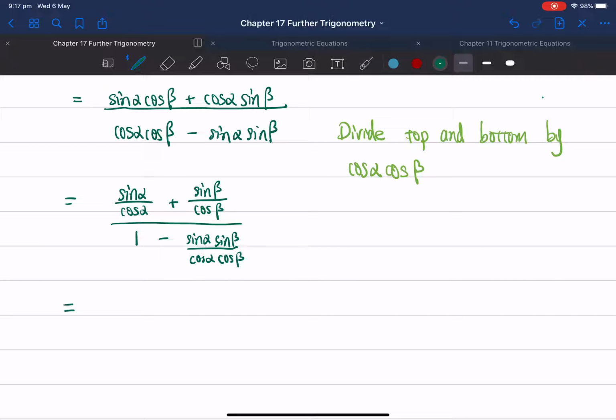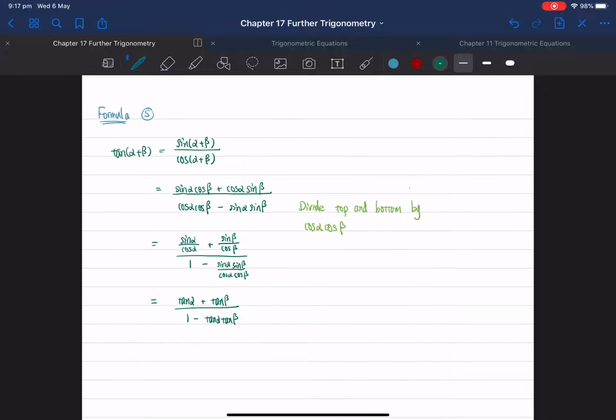All right, so I hope you still remember the trig identity. Sine over cos is tangent, so that becomes tangent alpha plus tangent beta over 1 minus tangent alpha tangent beta. And that is formula number 5.